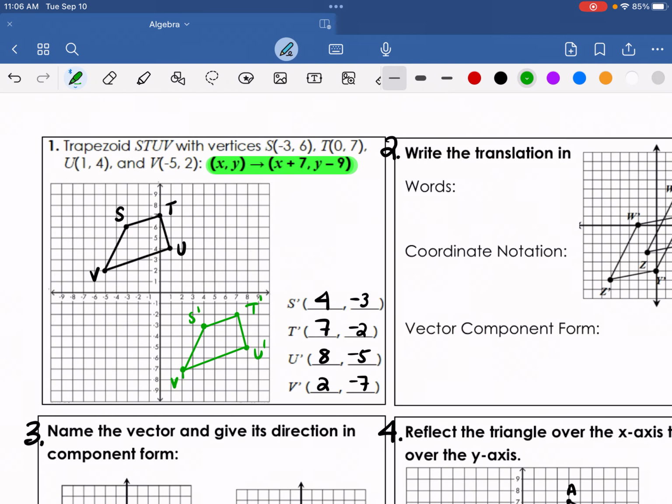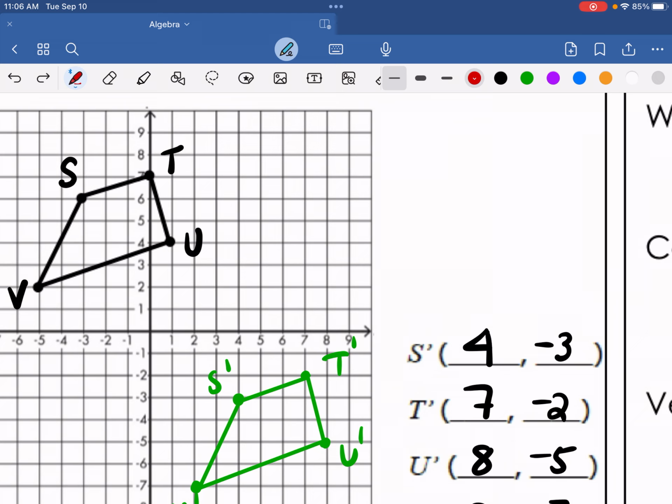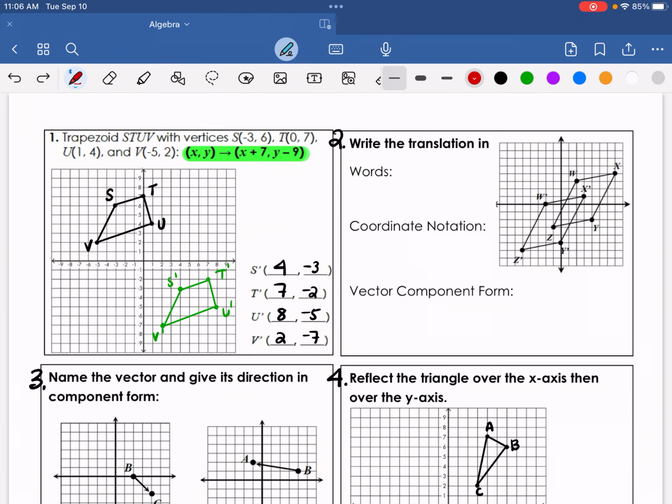You can see that the trapezoid moves 7 to the right and down 9. And you would want to check that if you wanted to from t to t prime. So t, 1, 2, 3, 4, 5, 6, 7, and then down 9, 1, 2, 3, 4, 5, 6, 7, 8, 9. Okay, so that worked, and that works for all the coordinates.